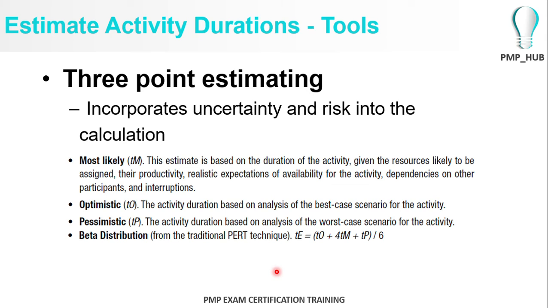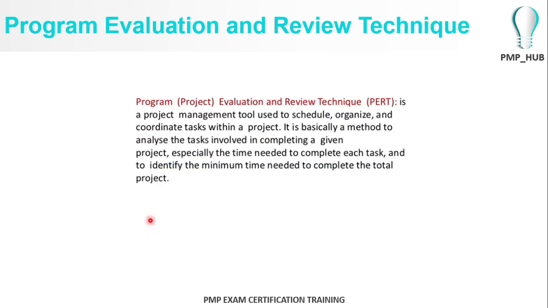In such case, you could use the beta distribution, which is also known as the PERT technique, which is a calculation between the most likely time, the most optimistic time, and the most pessimistic time.